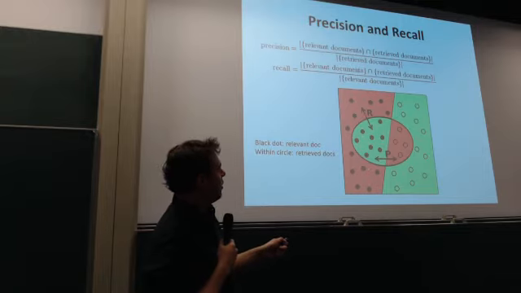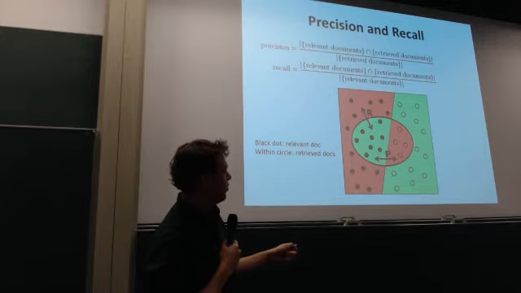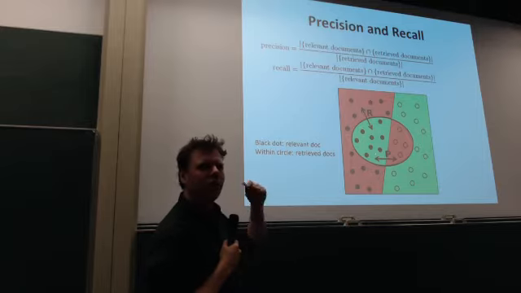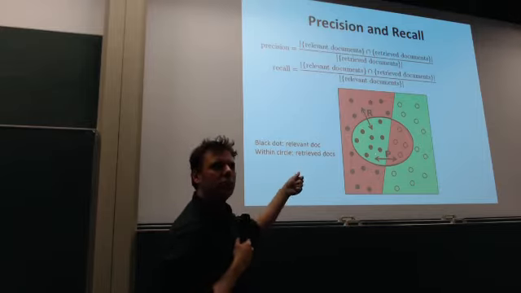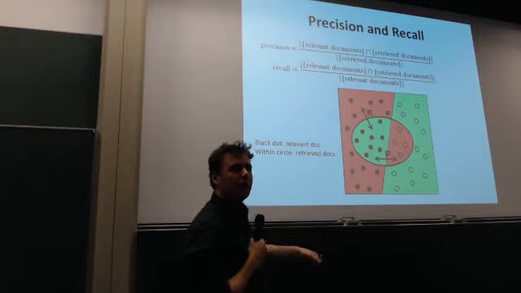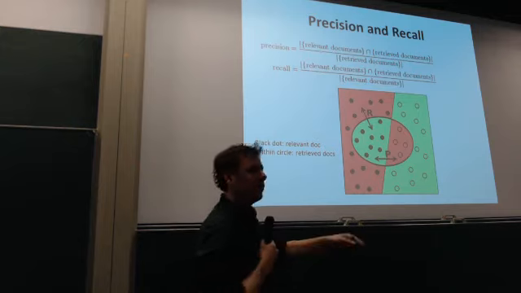Right? Then the recall is the difference between these things. So how many of the right ones do I find? And the precision is the distribution between these things. So how many of the things that I find are actually right? So I always have to think about it as well. So it's not super intuitive, but think about precision as how right am I, and recall as how many of the things that I should find do I actually find.